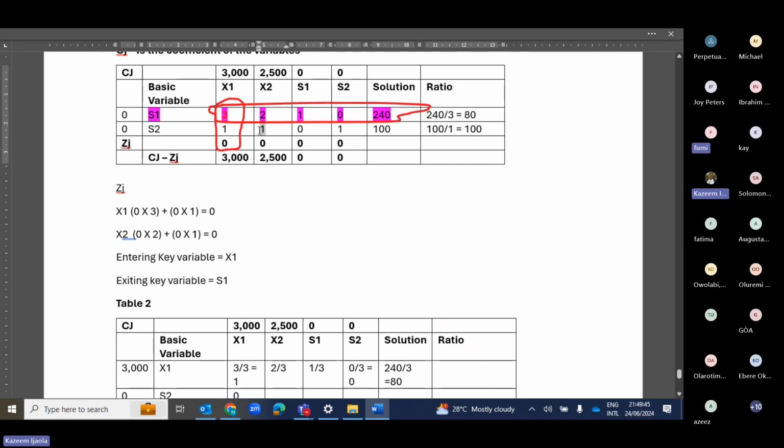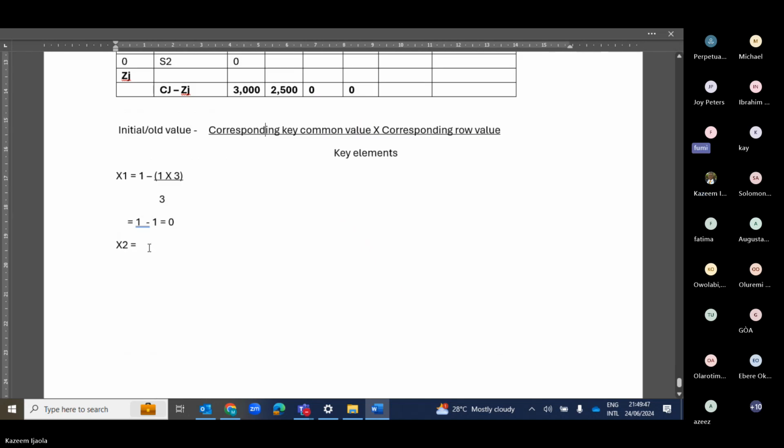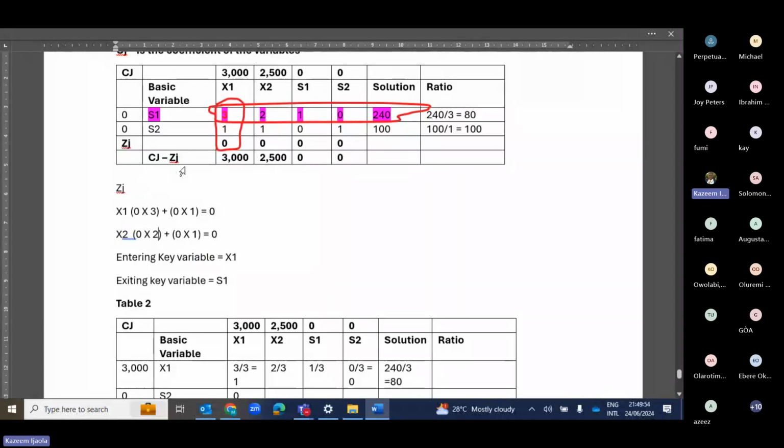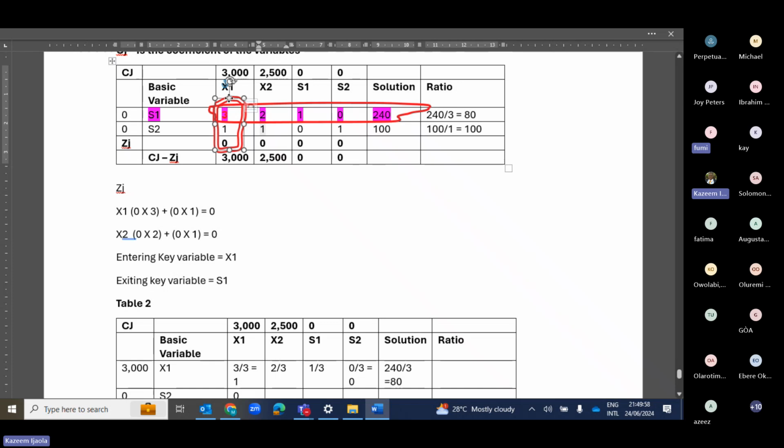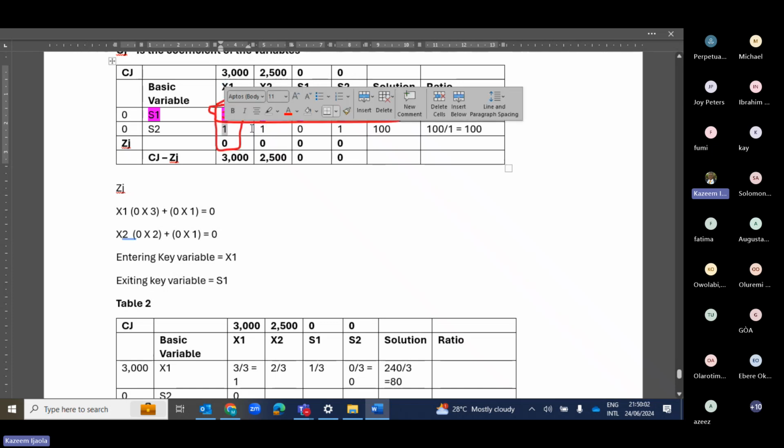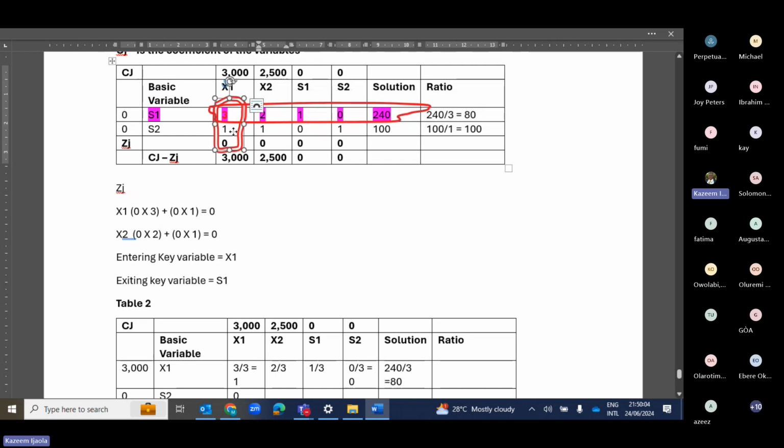So I'll write the 1, minus the corresponding key column. The key column value will be constant for all of them. The key column is what we circled there, so it is still the same one.